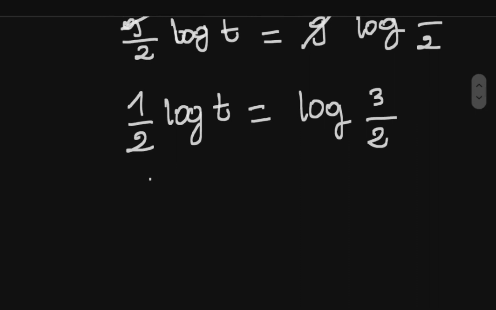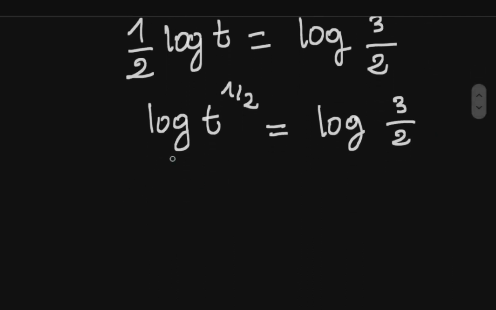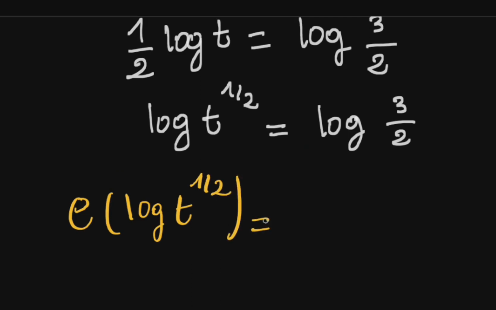Okay, so we have the log of t to the power half will be equal here to the log of 3/2. So the exponential, we're going to apply the exponential both sides. That is the exponential of the log of t to the power half will be equal here to the exponential of the log of 3/2.